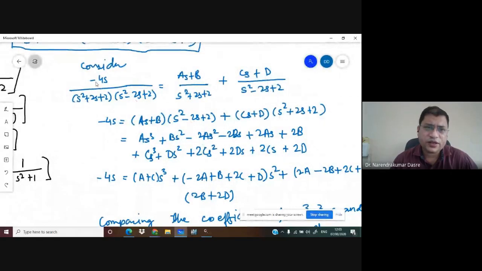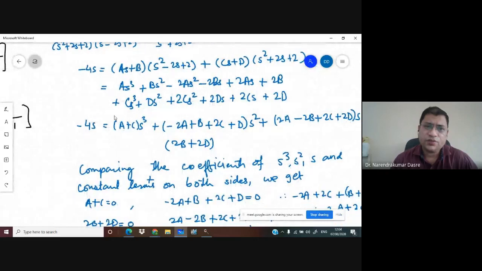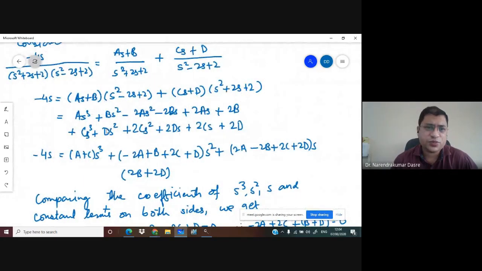So we have minus 4s upon s square plus 2s plus 2 into s square minus 2s plus 2, and this is equal to as plus b upon s square plus 2s plus 2 plus cs plus d upon s square minus 2s plus 2. And then after simplification, we get minus 4s equals as plus b into s square minus 2s plus 2 plus cs plus d into s square plus 2s plus 2. Now take the product of this.